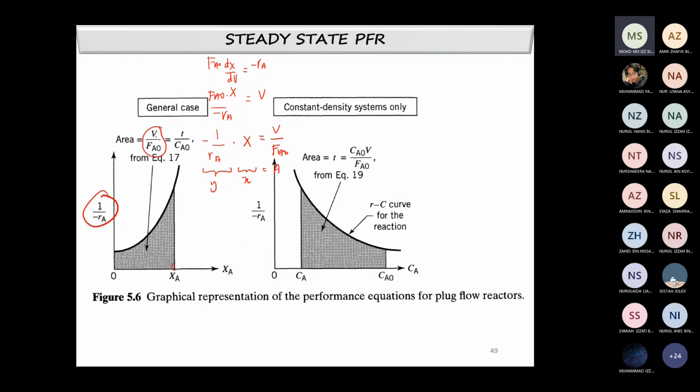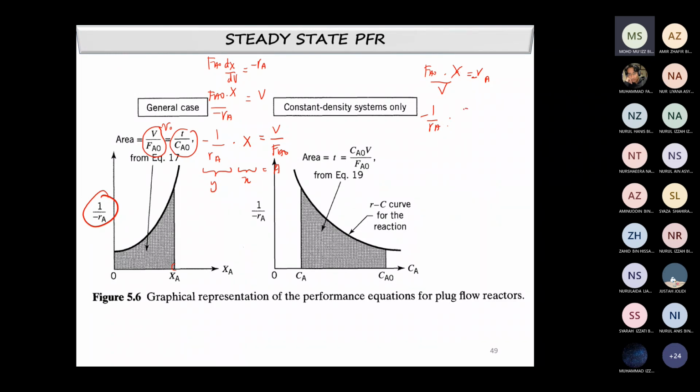Okay, so if you want to get the interval of tau, you replace this with the volumetric flow rate, and you will get this one. Okay, so for this one, same also, we have FA0 times X over V, rA is equal to rA. So this one is negative 1 over rA. Okay, so what is X?